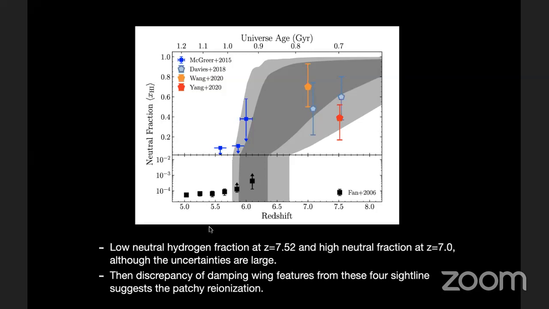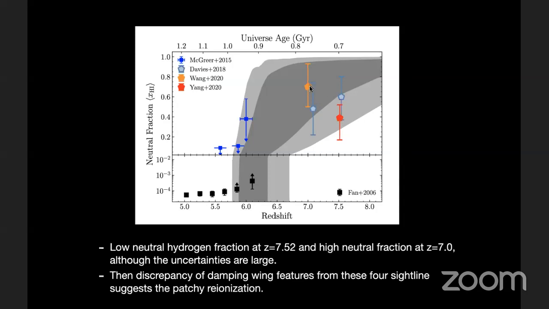In this figure, we can see the measurements of the neutral fraction from high redshift quasars, including the low redshift ones from the optical depths and dark gaps, and these 4 quasar sightlines above redshift 7 as damping wing measurements. We can see our 2 new sightlines, the orange point and the red point.